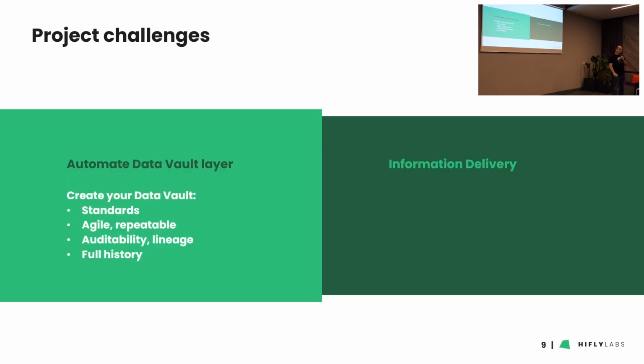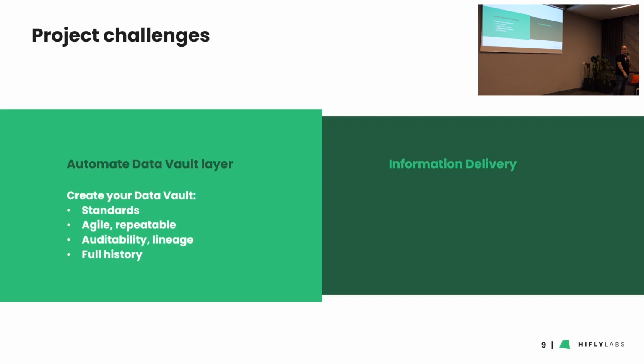So when you want to automate your data vault, you want it to be according to standards, and you want your work to be agile and repeatable. The format of a data vault model is strict, so it helps very much with automation, with agile and repeatable delivery.